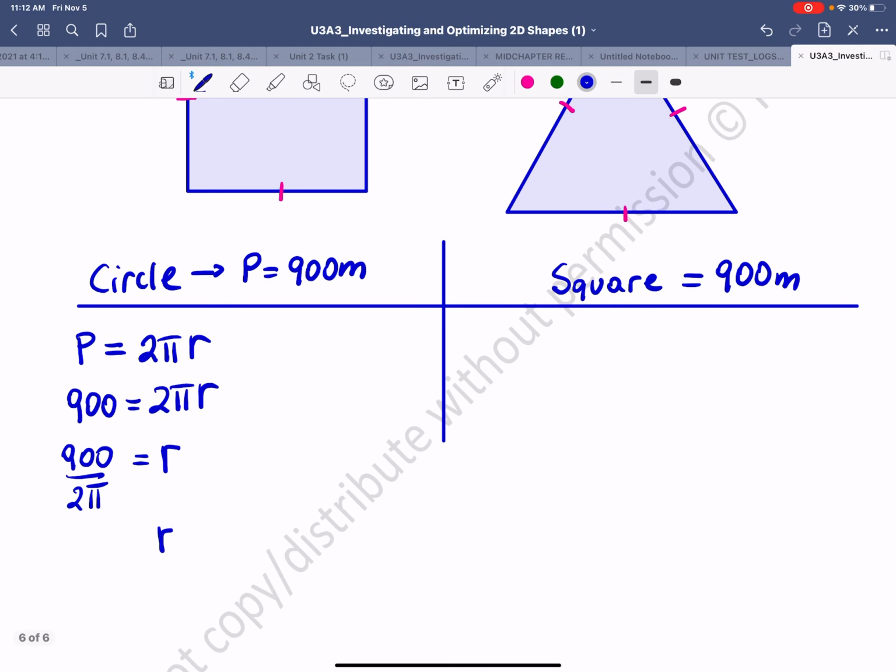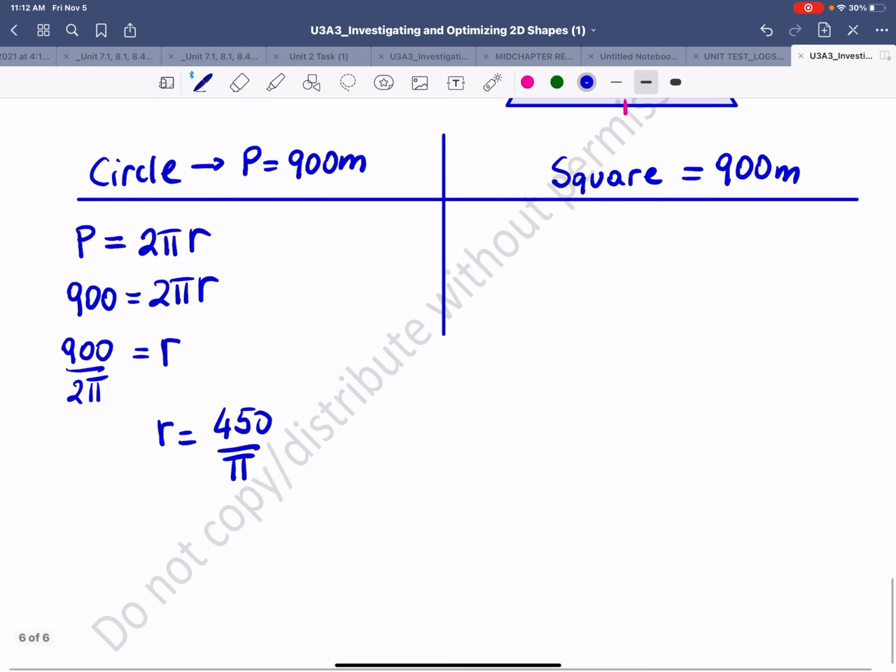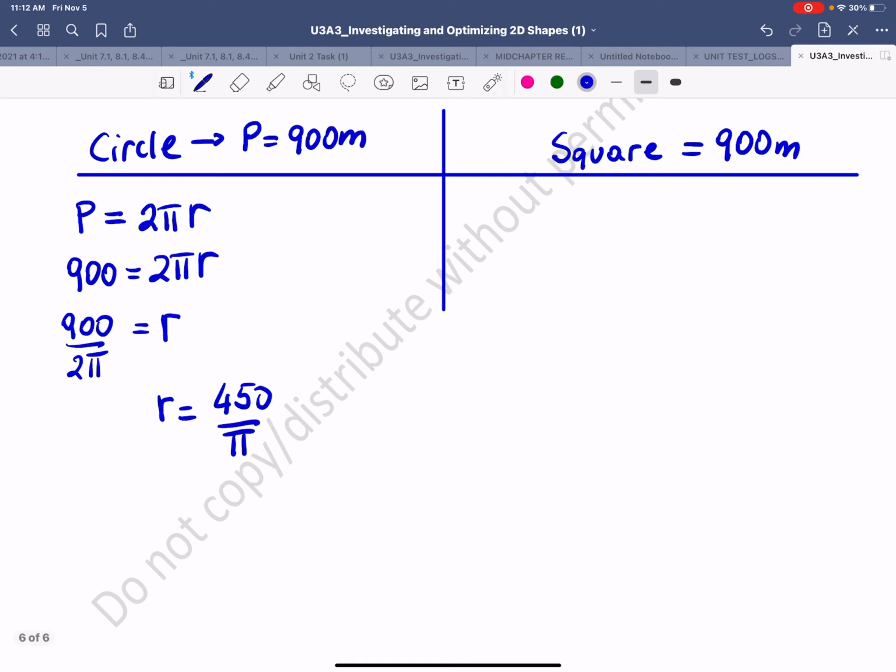In a more simplified form, I would say that the radius equals, remember 900 divided by 2 is 450 divided by pi. Now, I'm not going to find the decimal value of it, because it's a number that I'm going to need to use to find the area of the circle. And rounding this answer and using it to find another measurement can affect the accuracy of my answer, right?